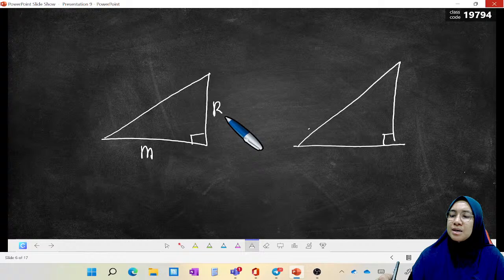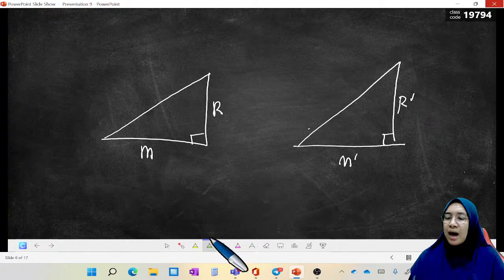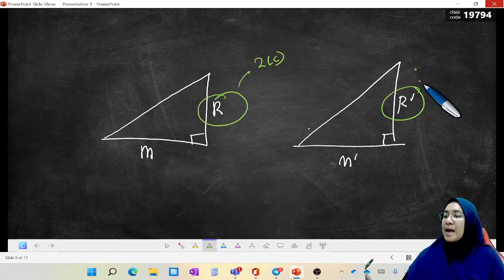So by understanding this diagram, R we get from table number 1, step 2C. R prime we get from step 3C.